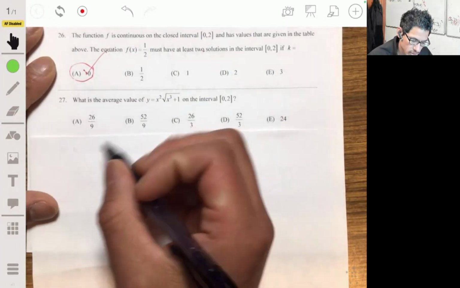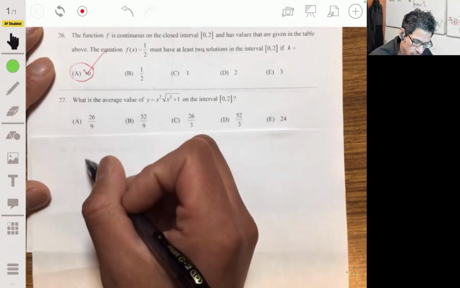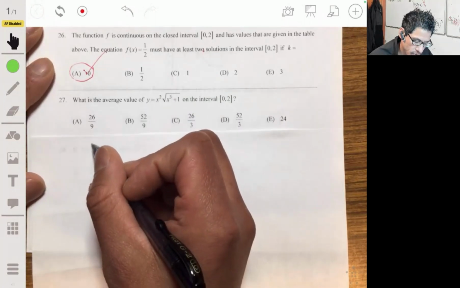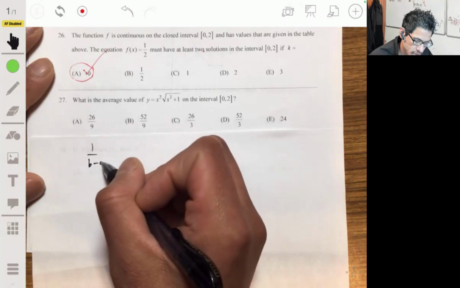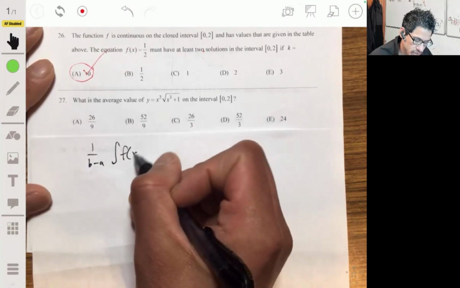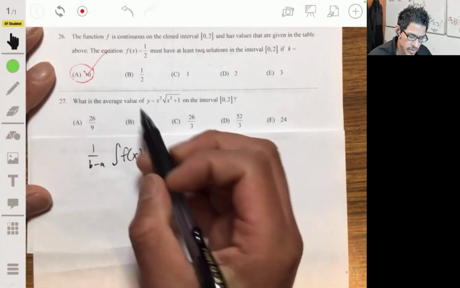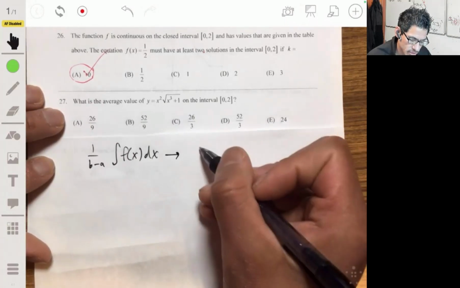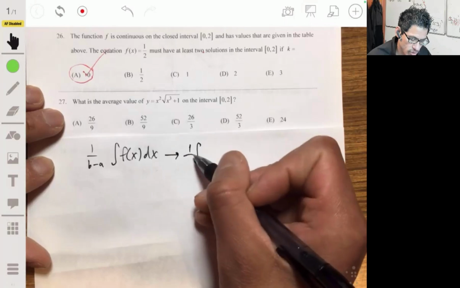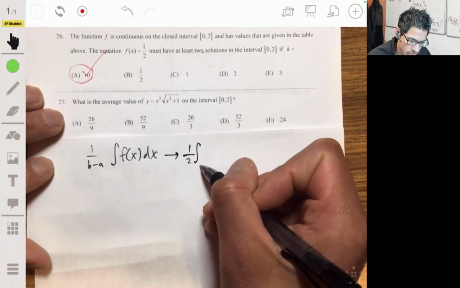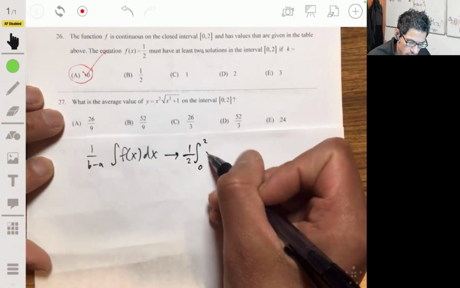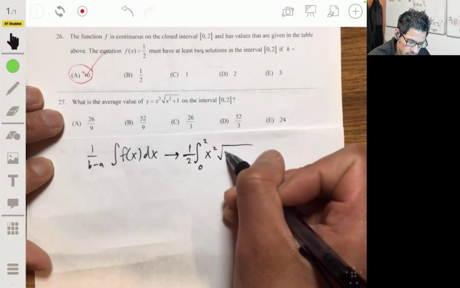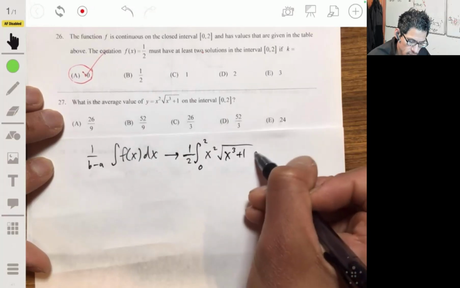Remember, for average value, we use 1 over b minus a times the integral of the function. So in this case, we integrate 1 over 2, from 0 to 2, of x squared times the square root of x cubed plus 1 dx.